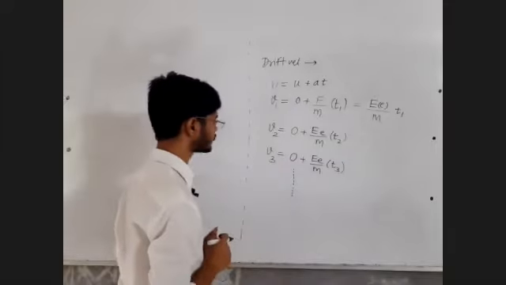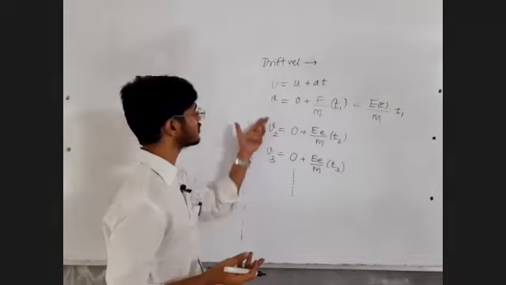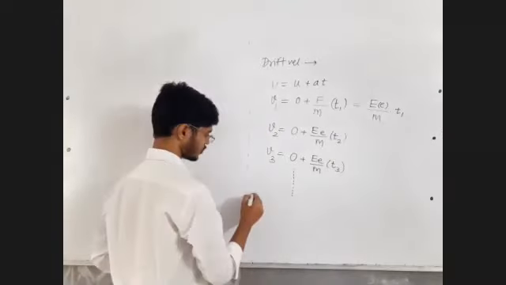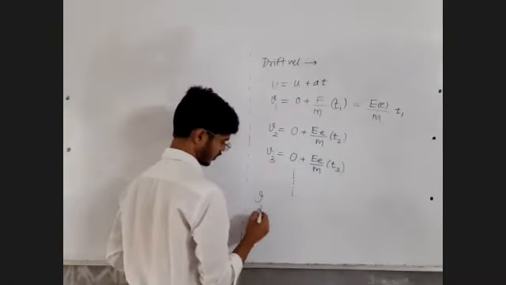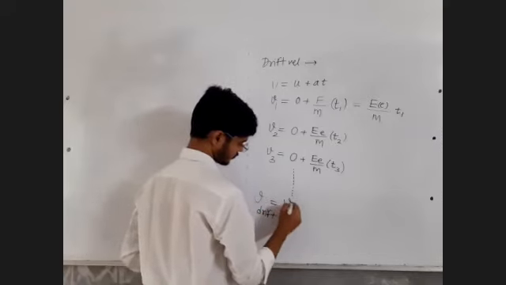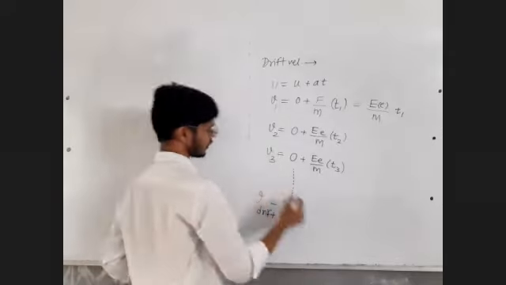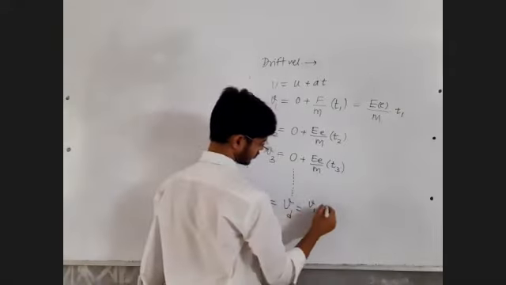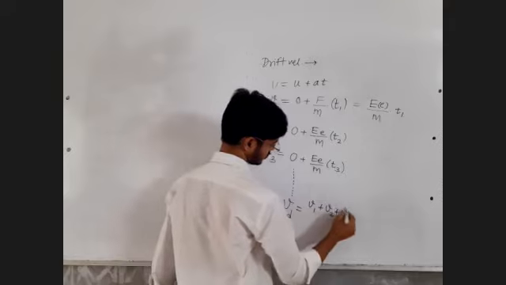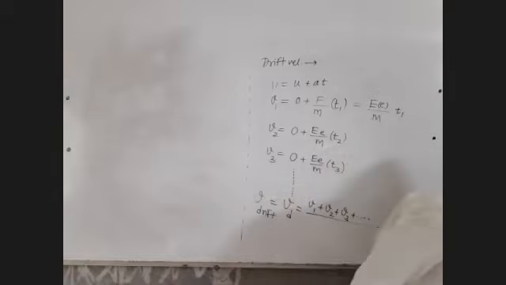So what is the average velocity of the electron? Initially it was V1, then V2, then V3. On average, the velocity is called the drift velocity, Vd, which is equal to the addition of all these velocities, and so on, whole divided by the number of collisions n.